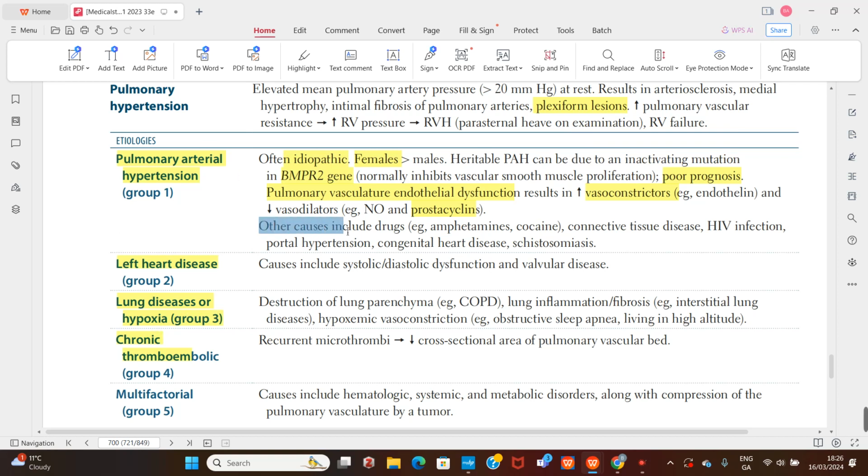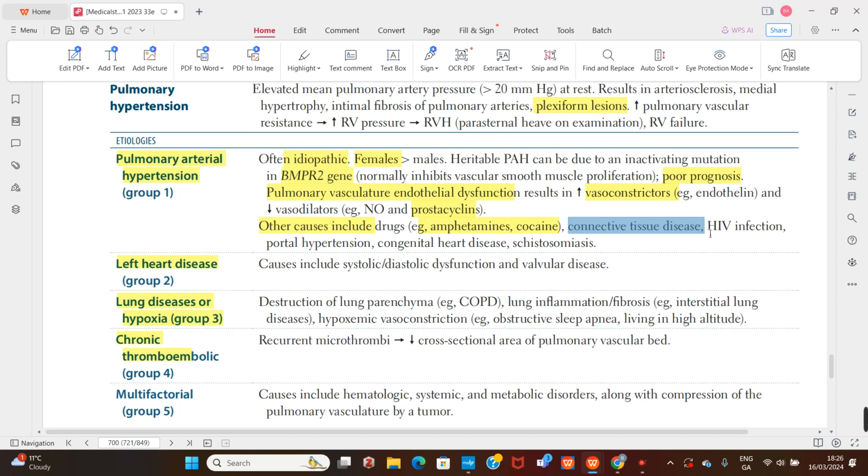So there are other causes of pulmonary arterial hypertension aside from the idiopathic ones. Either the person is on drugs, cocaine, amphetamines; they can cause vasoconstriction normally, so leading to the hypertension. You know that they can also cause vasoconstriction in the systemic vessels, so they can cause hypertension anywhere.